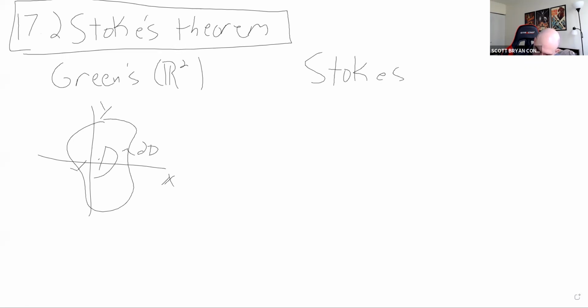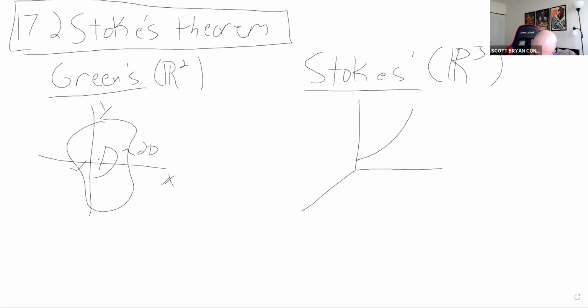So for Stokes' theorem, now we're going to be in R3. And instead of a two-dimensional region in R2, we have a two-dimensional region in R3, a surface. So suppose this is our surface S. So we need to give our surface an orientation.